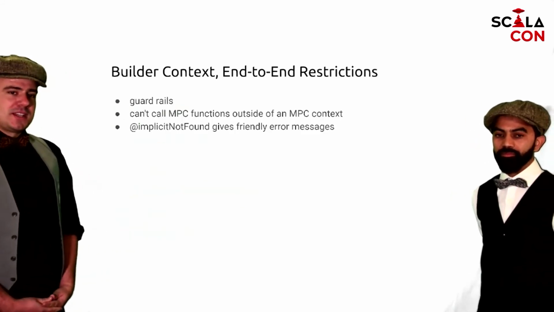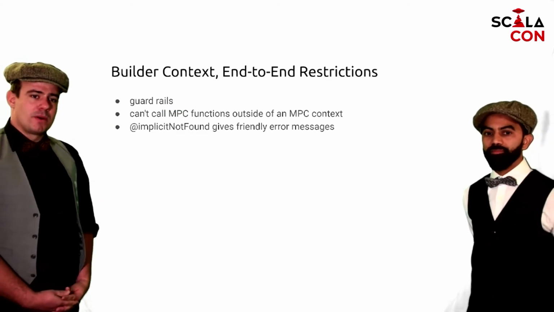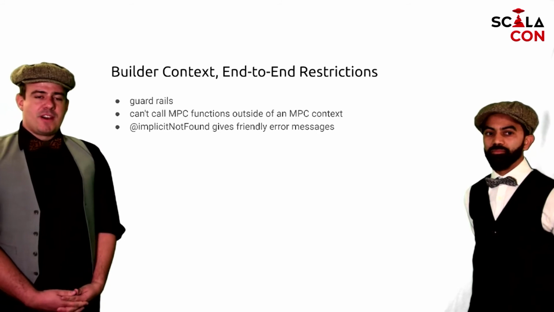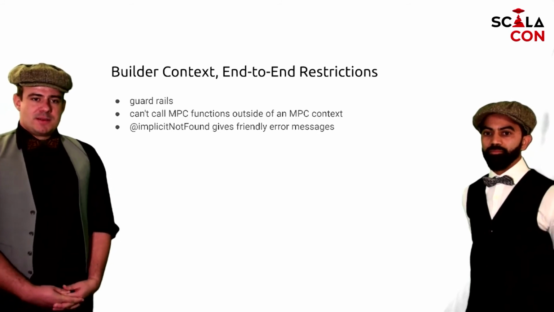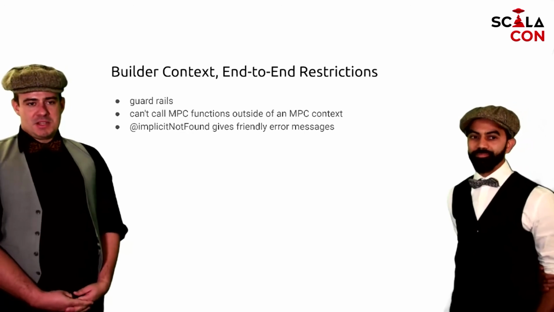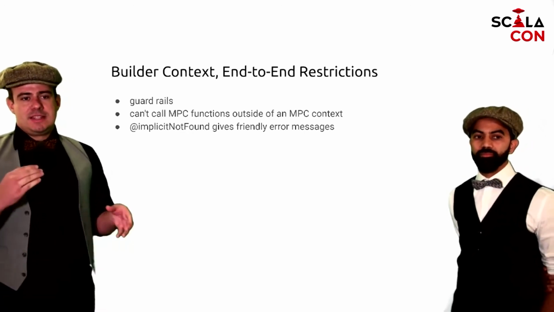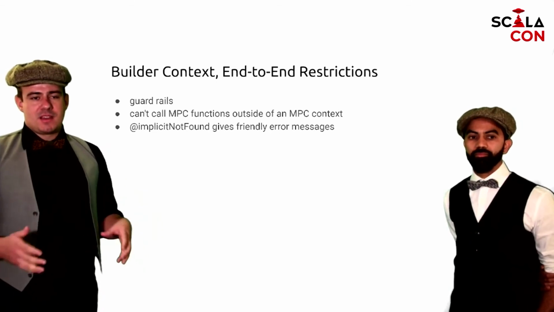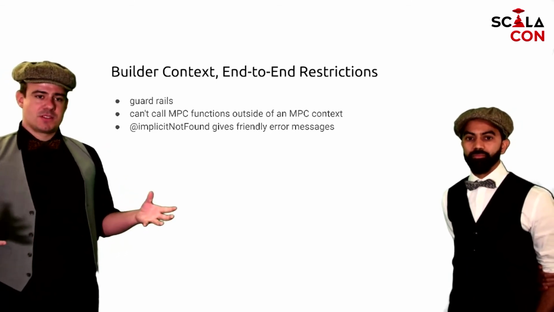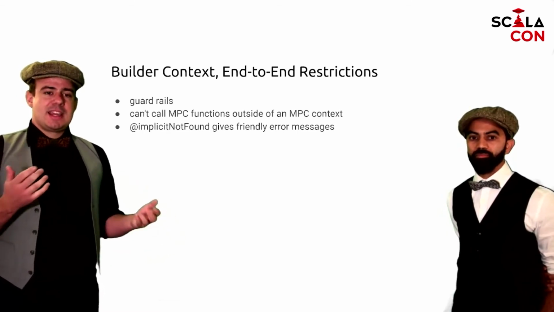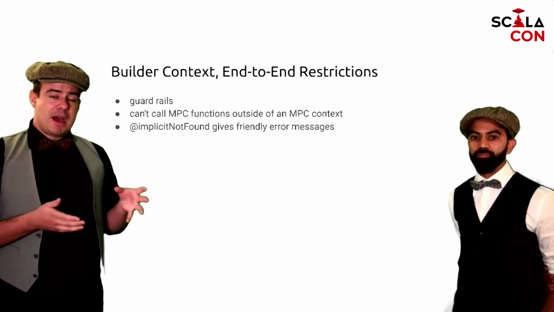But what it also gives us, and this is maybe even more important, are restrictions. And it's a good thing. They provide guardrails. The simple fact that we need a parameter to call an MPC function really allows us to delineate what is a DSL and what is not a DSL. I think often a criticism for some libraries that make heavy use of DSLs in Scala is that it gets complicated to find a boundary.